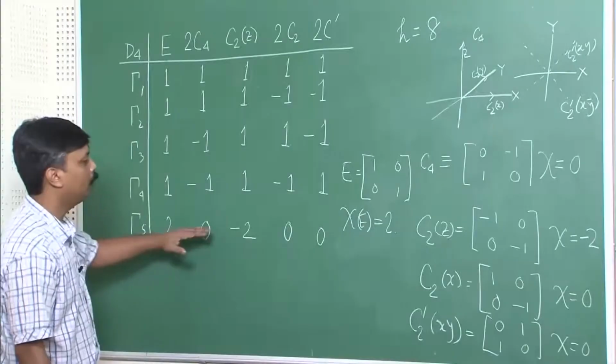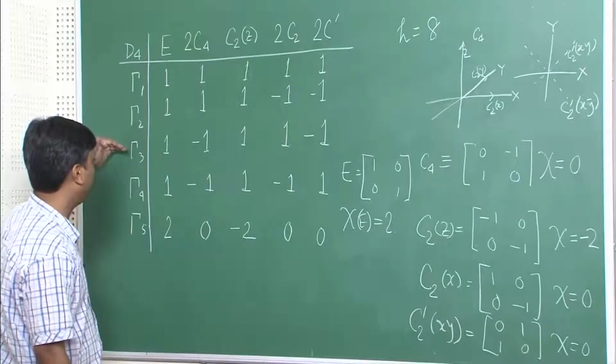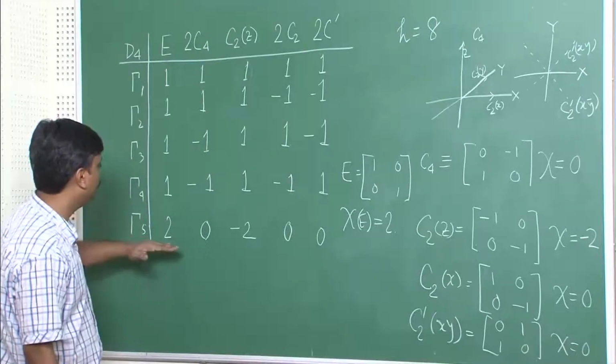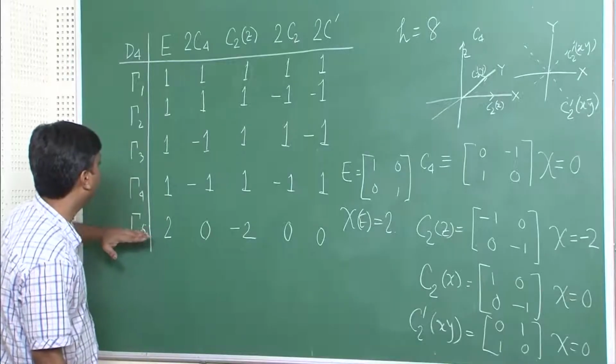Similar to the previous example where we checked the orthogonality between, I think, gamma 3 and gamma 4, here we will check the orthogonality between gamma 5 and, say, gamma 4.